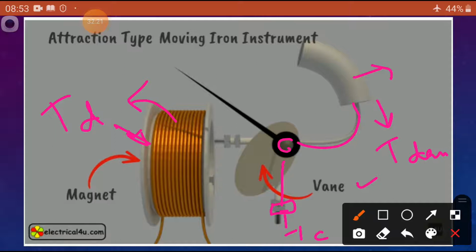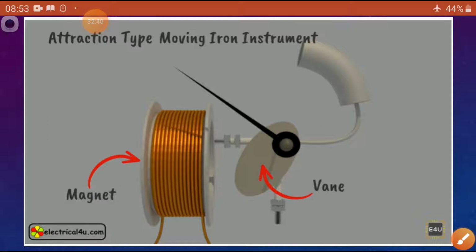Everything is satisfied. Now the coil is placed here, and initially, for example, what will happen? Initially it will be in this position, and the pointer may be in this direction. It is a calibrated scale. Okay, you can see it. So initially it is maybe this position.